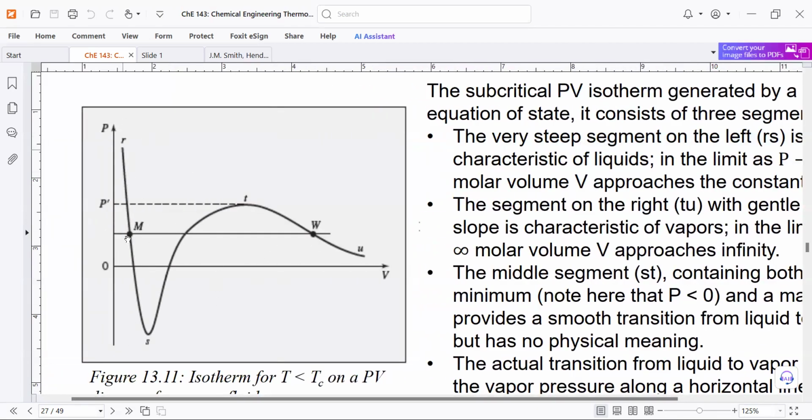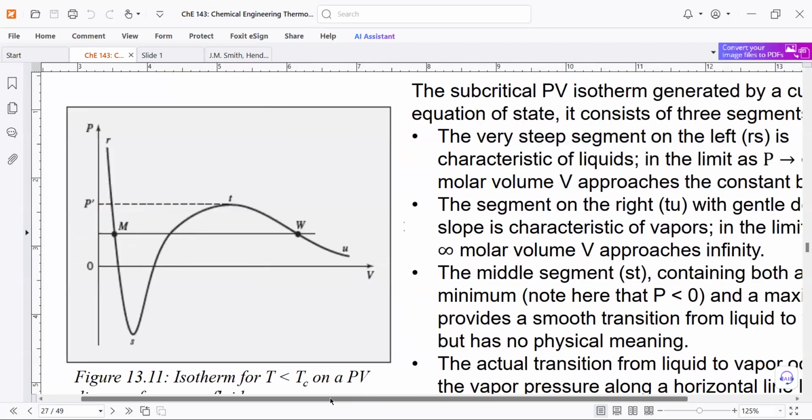So it approaches the constant B as P approaches infinity, and it accounts for the molecular volume. Okay, and therefore this segment S to R describes the liquid phase in a system in VLE.